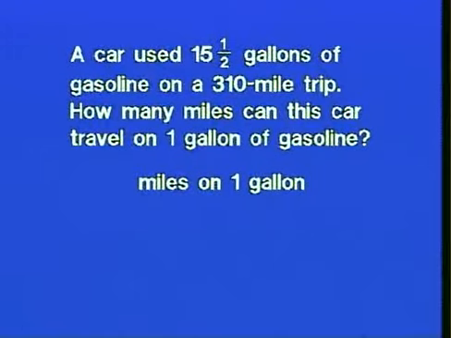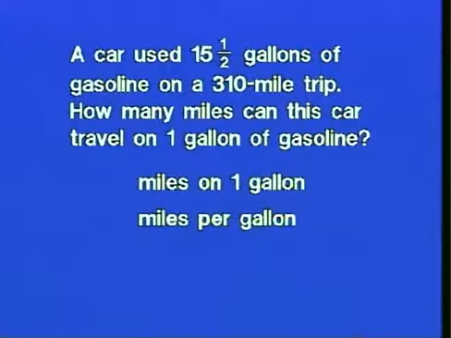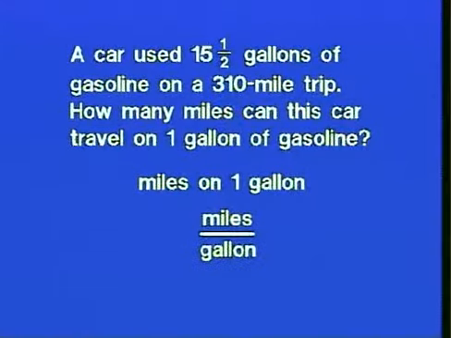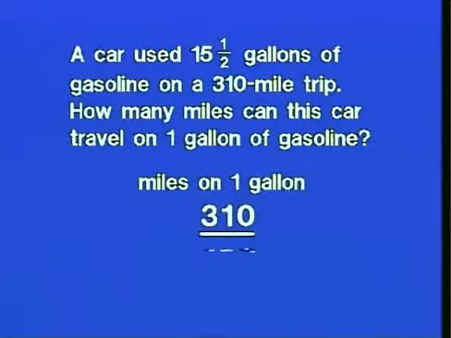You see, the miles traveled on 1 gallon, and that means miles per gallon. And remember that the per idea can be thought of as a slash like this, and the slash can be thought of as the fraction bar in a fraction, and a fraction leads to a division problem. So we have miles over gallons, or miles divided by gallons, and that's 310 miles divided by 15 1/2 gallons.